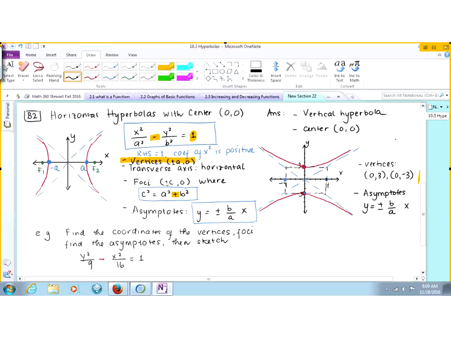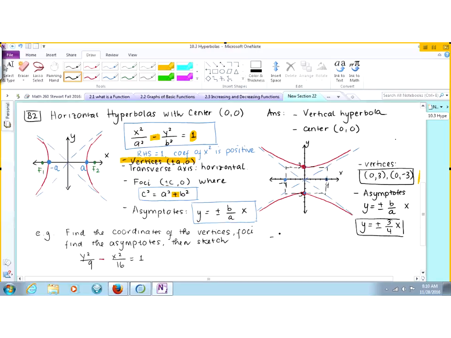What is your b? b squared is 9, so b is 3. What about run? 4. Yes, so y equals plus or minus 3 over 4 x. So remember, rise is vertical, so we're looking for the number below the y squared and take the square root. So we're done with the asymptotes.